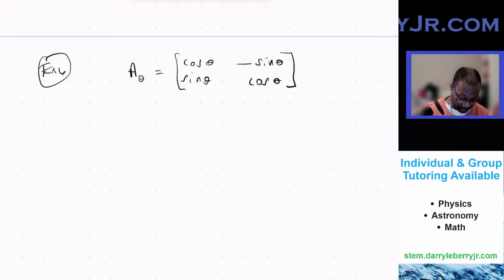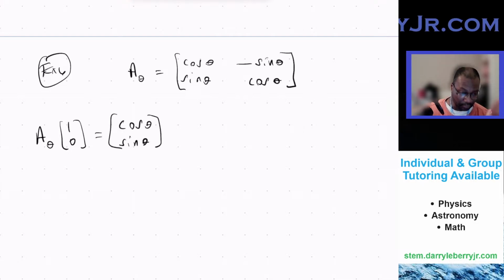We see that A theta times (1, 0) equals (cosine theta, sine theta), and A theta times (0, 1) equals (negative sine theta, cosine theta).